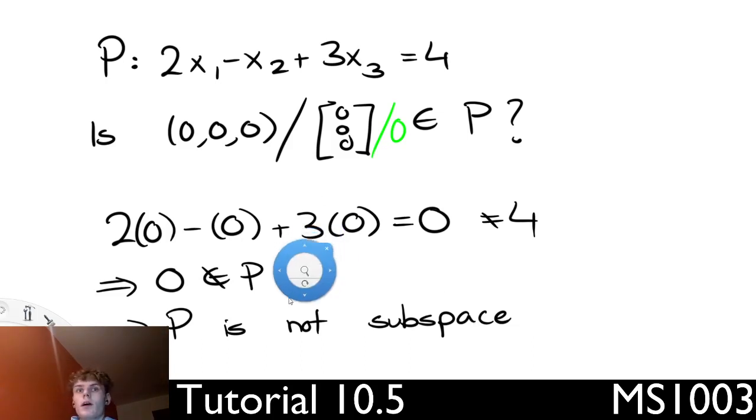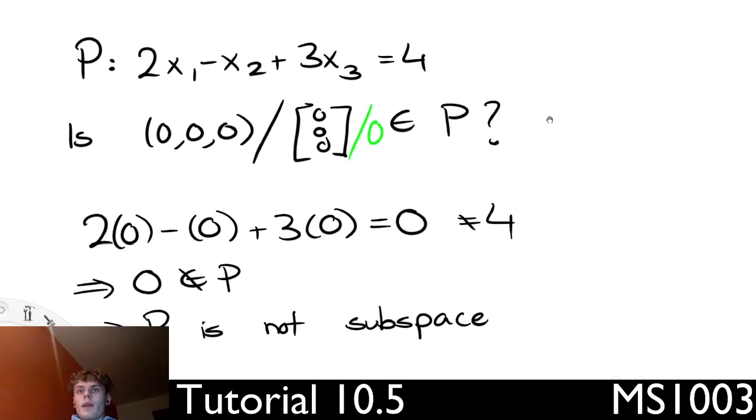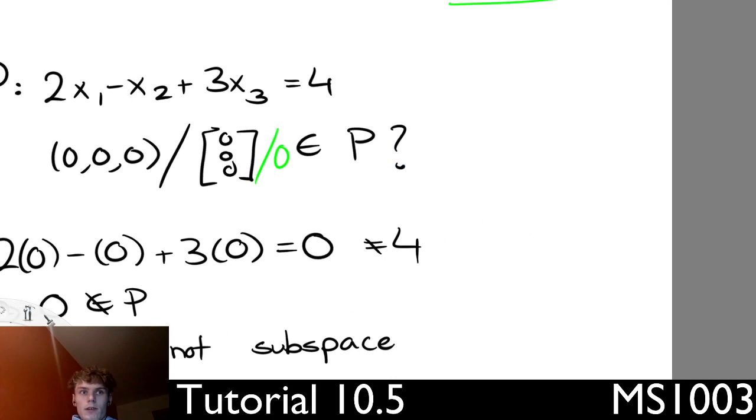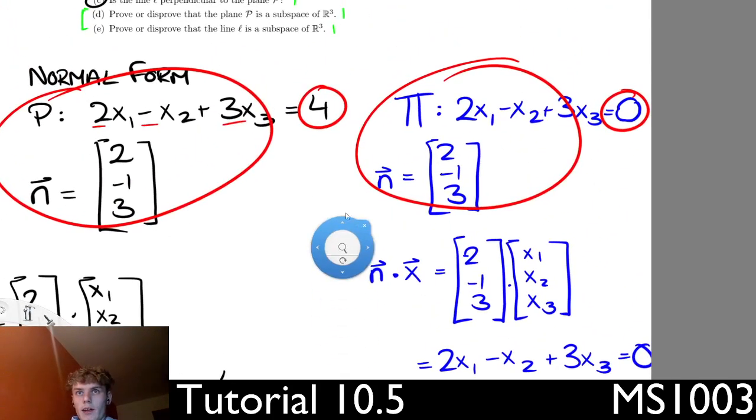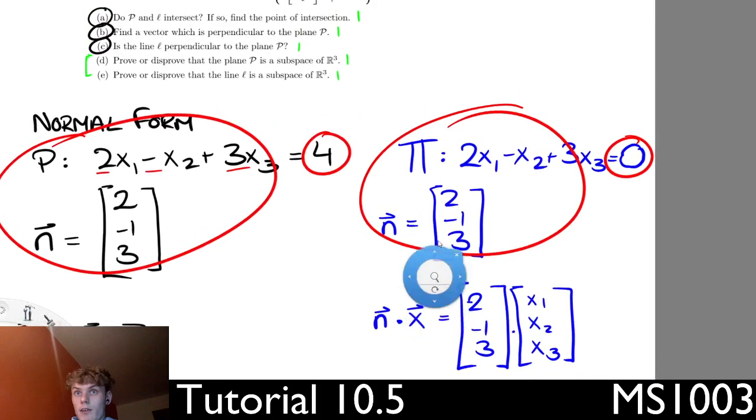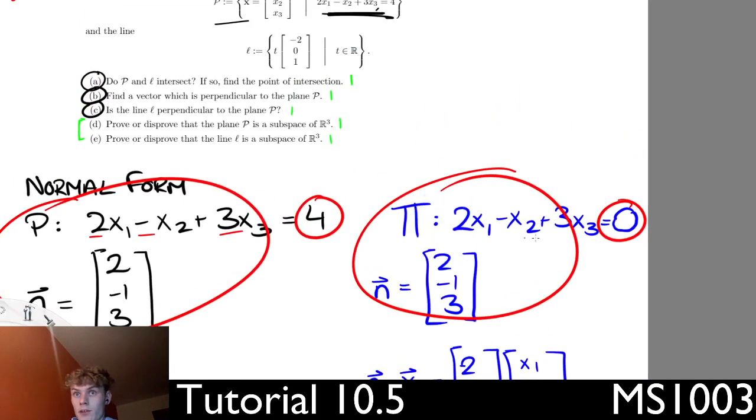Now, again, if we were to think about this in relation to this other plane, pi, instead of it being equal to 4, equal to 0, obviously now, if we check if 0, 0, 0 is on this, of course it is. 2 times 0 minus 0 plus 3 times 0 is indeed equal to 0.